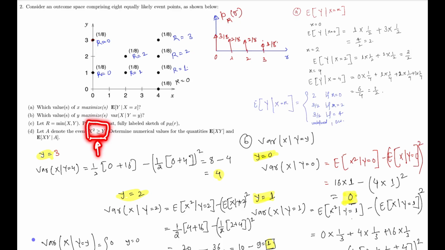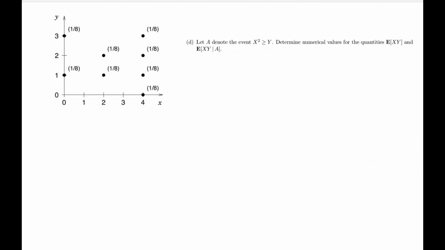We have to find the expectation of this random variable x times y, and then we have to find the conditional expectation of this random variable x times y given this event A, right? So first let's find this unconditional expectation, that is of x times y.